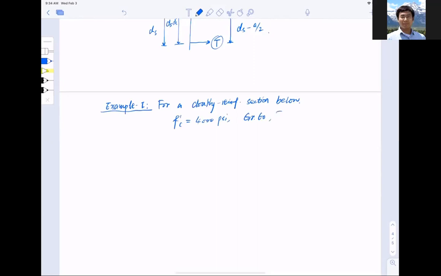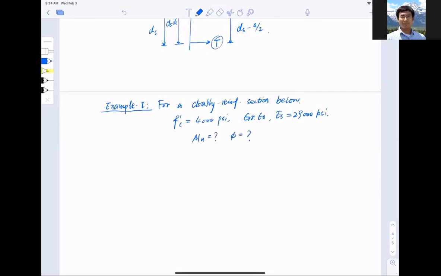By the way, for steel, if you don't remember, and you should and you will from the first exam coming, Young's modulus is 29,000 ksi. I need to find my Mn and my phi.